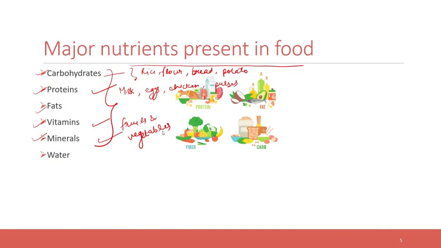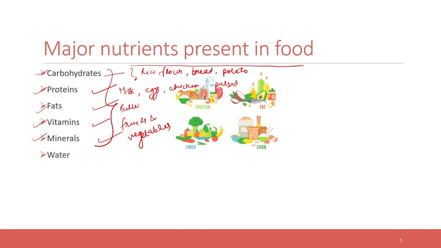Now, tell me, in which food items is fat present? You get fat in all the oily substances like butter, oil, and some nuts like almonds and cashews. All these items contain fats. Am I clear? All these are fat rich foods. What did I say?